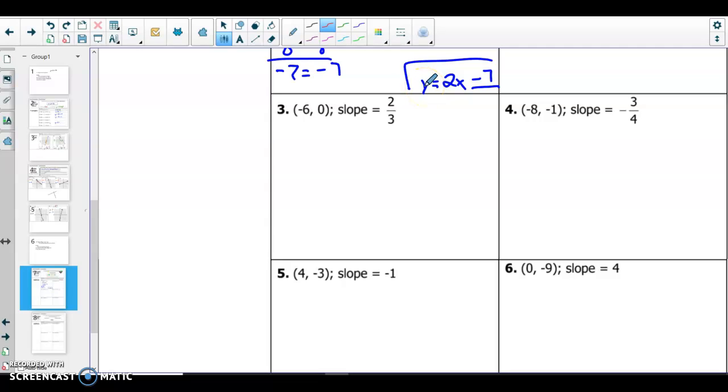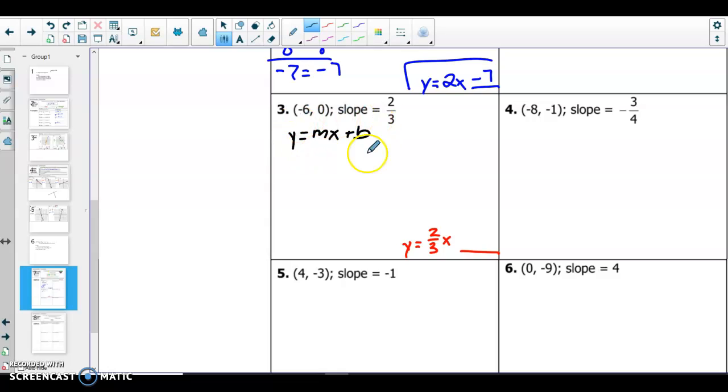From the top, number 3, I want to write the equation of a line that goes through -6, 0 and has a slope of 2/3. Gross. But I know what my final destination is. We know that it's going to be y equals 2/3 x plus or minus something. We just need to find the something. So, one more time, I'll write out y equals mx plus b.